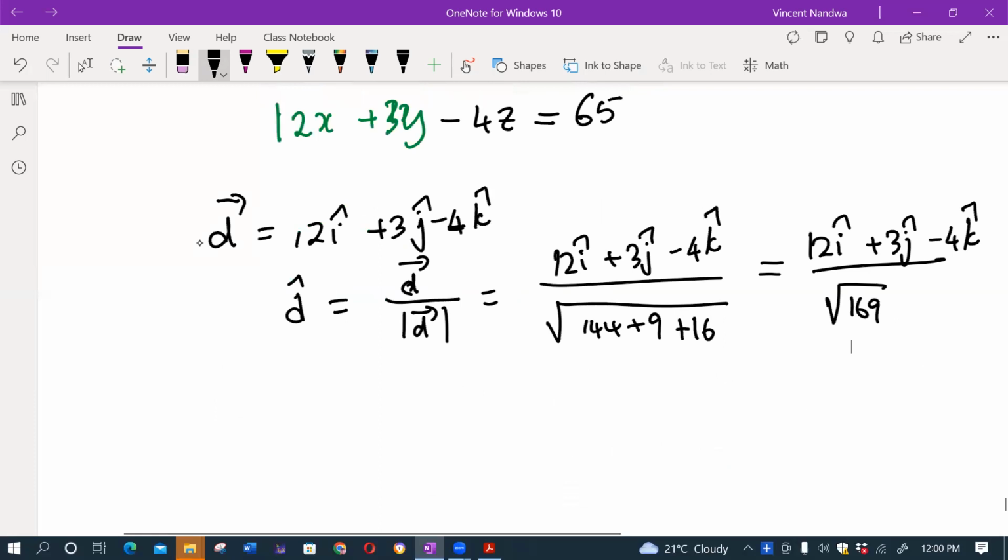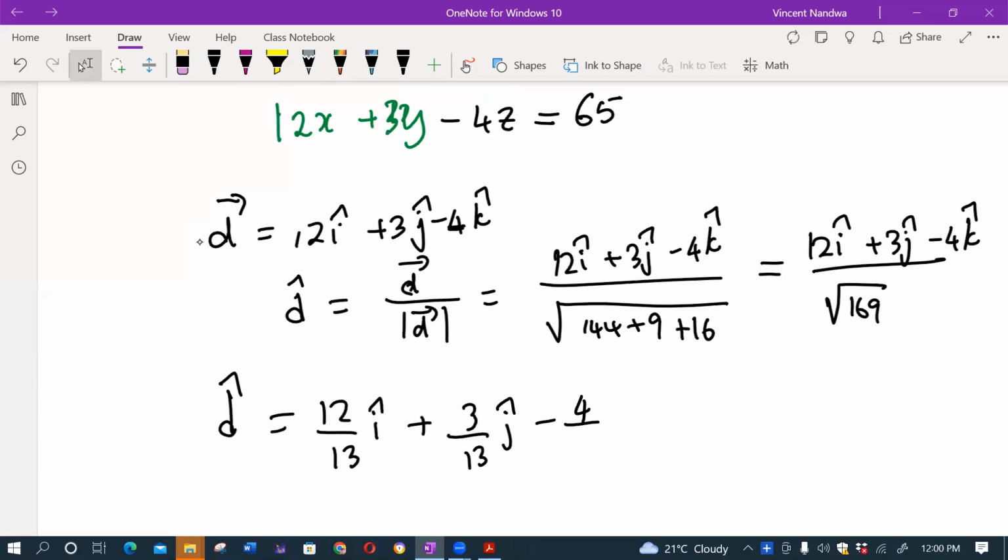So the unit vector will be 12 over 13 i plus 3 over 13 j minus 4 over 13 k.